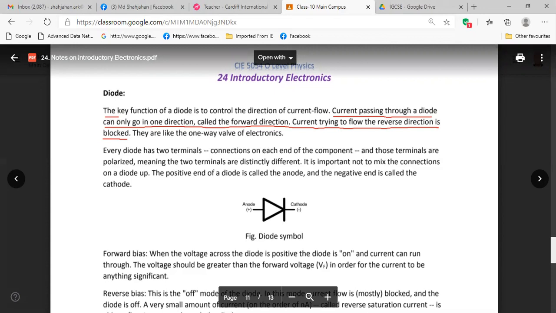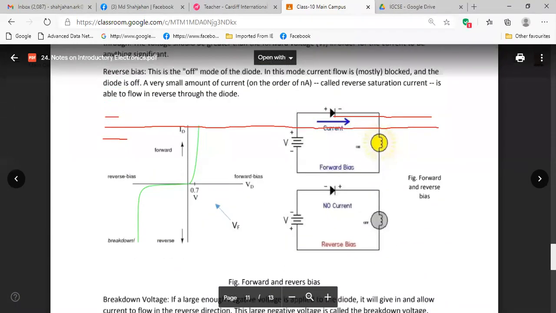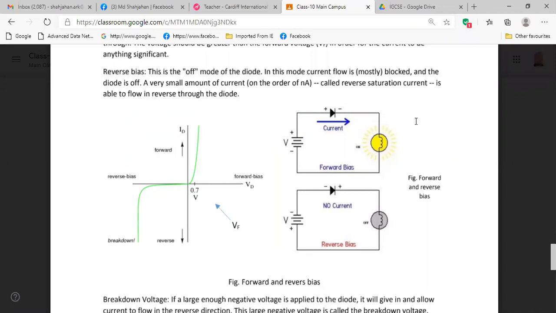Done? Done. Okay, now look here at the diagram. To get more confidence in understanding forward and reverse bias, it would be better if we go for more basic, like how the diode is made.